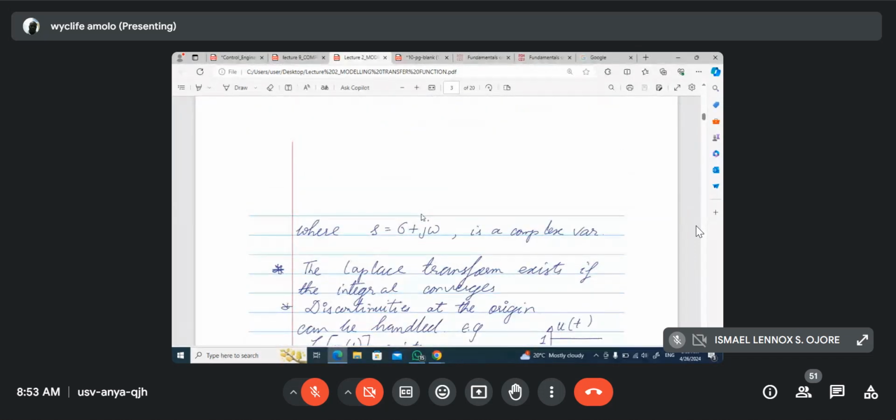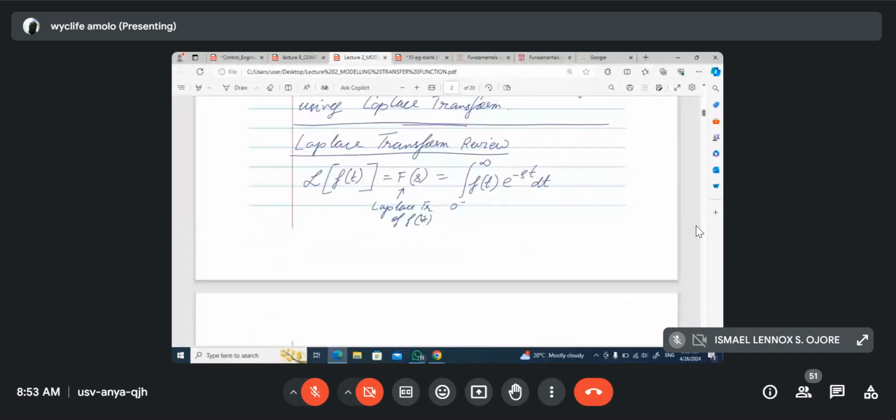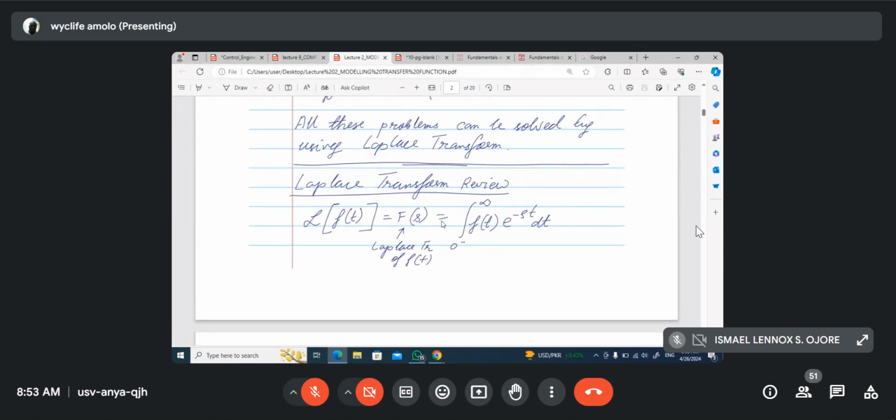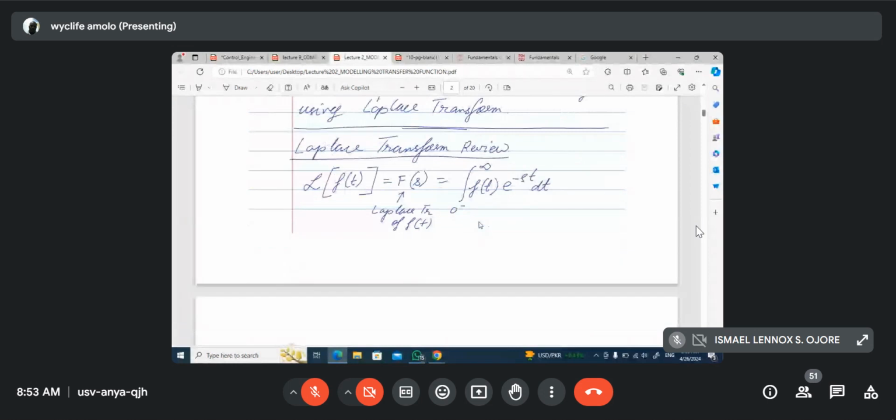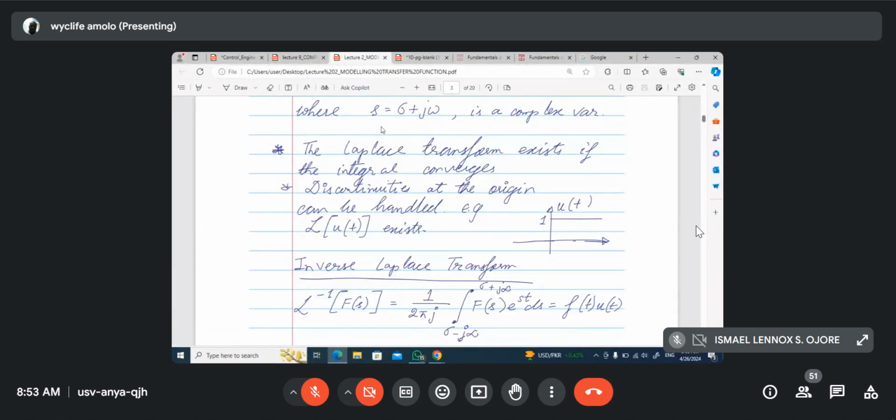Like if you have the Laplace transform of this, a general equation for Laplace transform of S is as these two functions here, the real and the imaginary part.